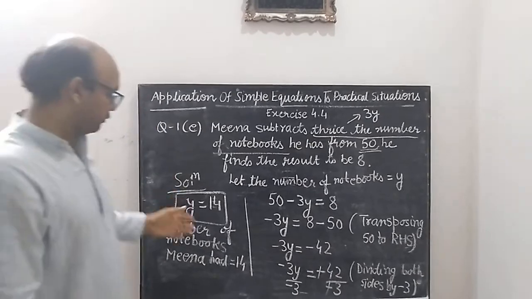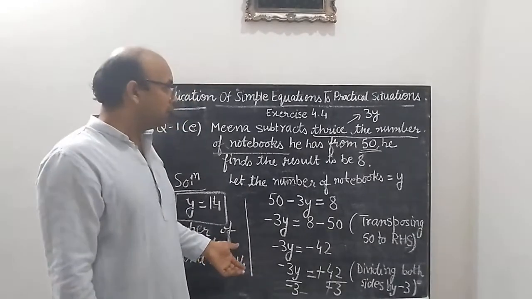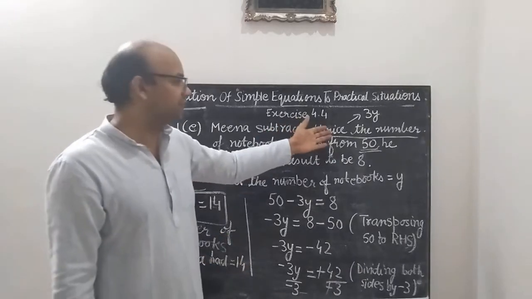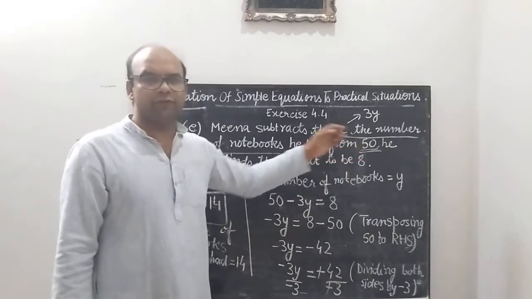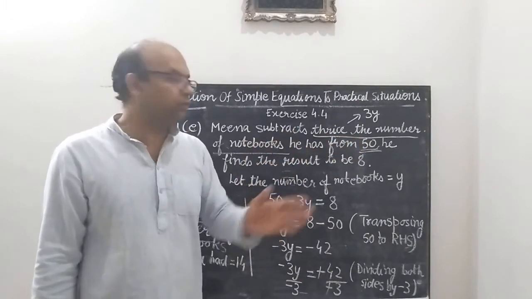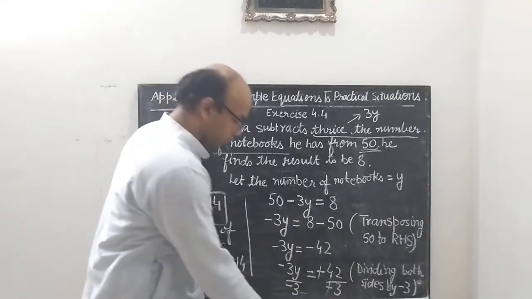So Meena was having 14 notebooks, and you can easily see, if you take thrice this number, 14 times 3 is 42. If you subtract from 50, 50 minus 42 is 8, and this is what has been given in the question also.